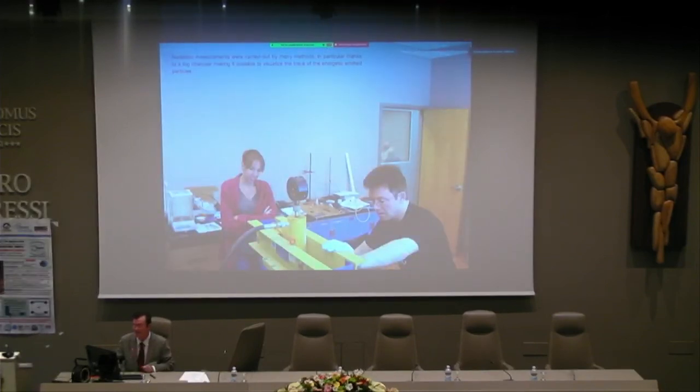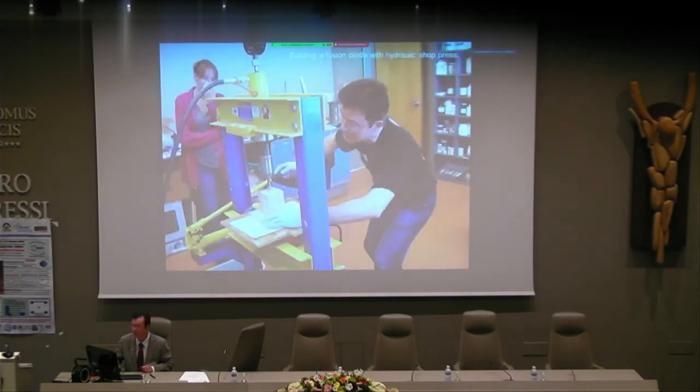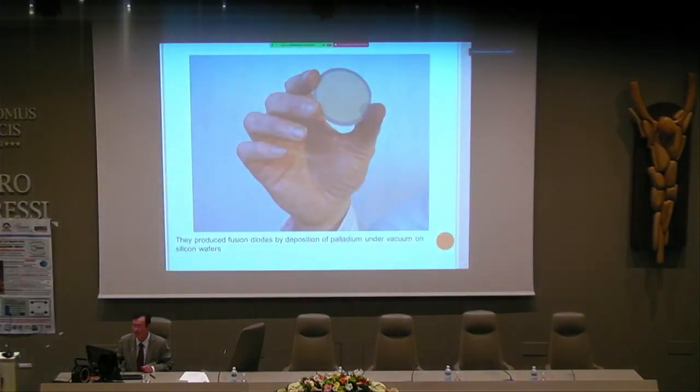I am at Sarasota in Florida doing diodes, compressing fusion diodes. They also produce a very interesting device. It is a silicon wafer, with a deposit of gold on one side and a deposit of palladium on the other, and it's possible to record a spontaneous voltage.